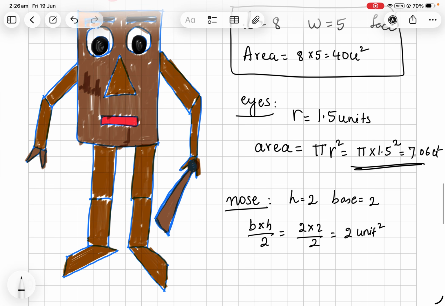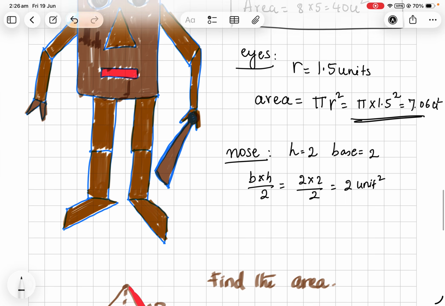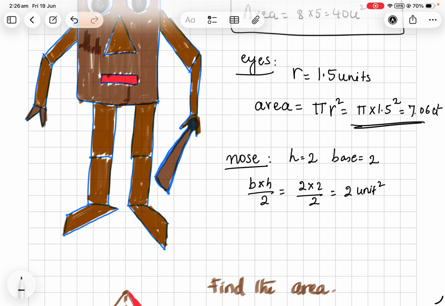I chose this trapezium for the feet. Let's call this roughly 1, and this, let's call that 3. So for the trapezium, base 1 is 1, base 2 is 3, and the height is roughly 1.5.